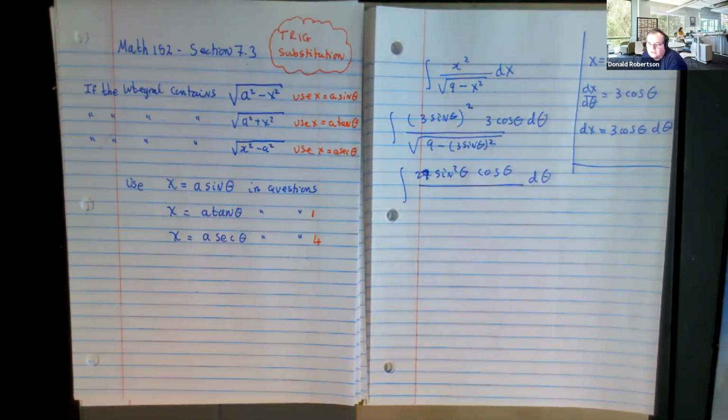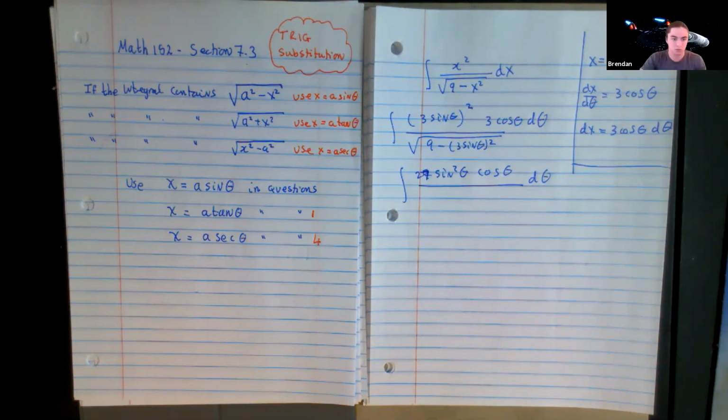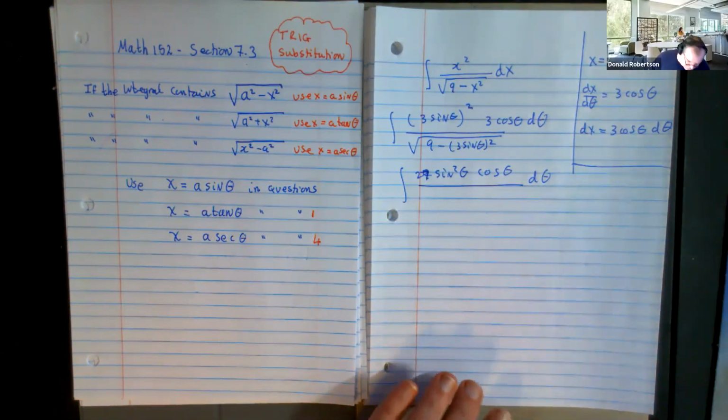What does 9 take away 9 sine squareds become? So in a little list, 9, take out the 9, what does 1 make? 1 minus sine squared get you? Cosine squared. So 9 take away 9 gets you 9 cosine squareds.